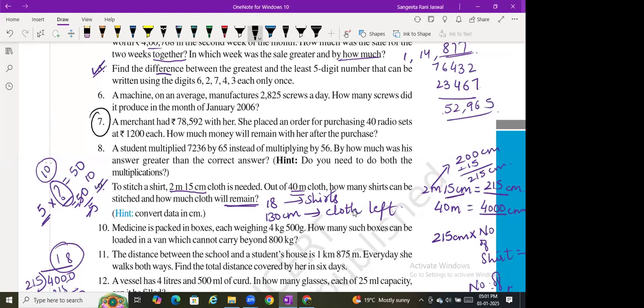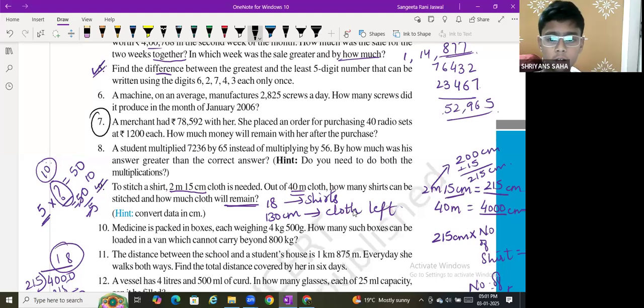She placed an order of purchasing 40 radio sets, and each costs 1,200. For 40 radio sets, what will be the total cost? First we have to multiply 1,200 by 40.